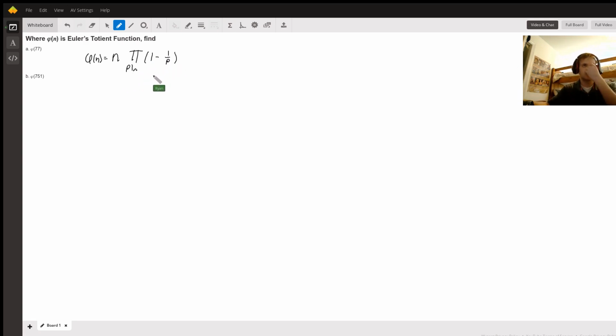I think this is a nice formula to know, but the easier one, in my opinion, to use is we say let n equal p1 to the e1, p2 to the e2, and then we just take that out to pk to the ek.